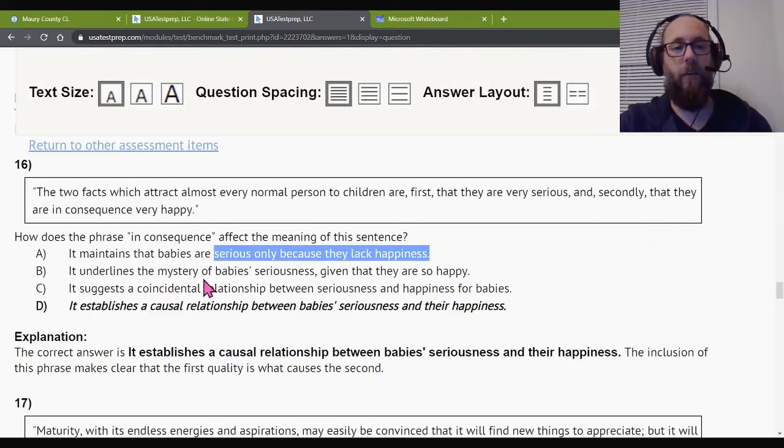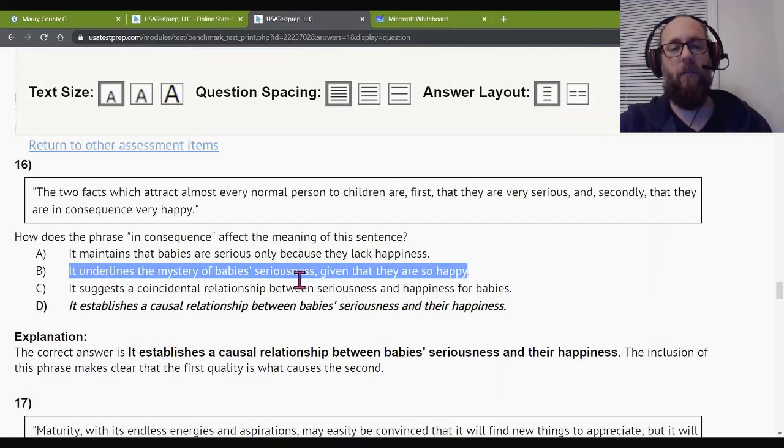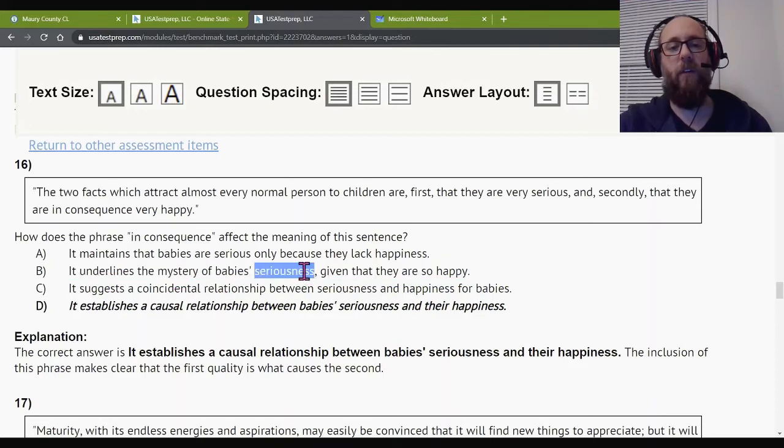B: It underlines the mystery of babies' seriousness, given that they are so happy. So this answer choice is saying it's mysterious that babies are serious because they are so happy. This is actually saying the opposite.